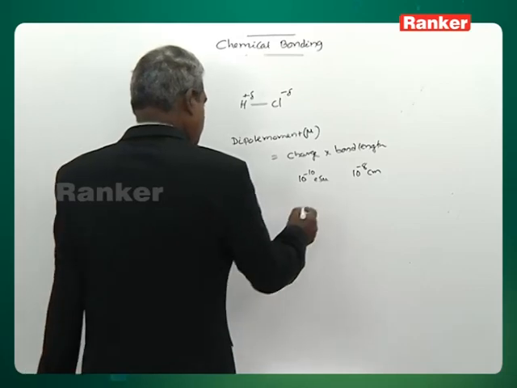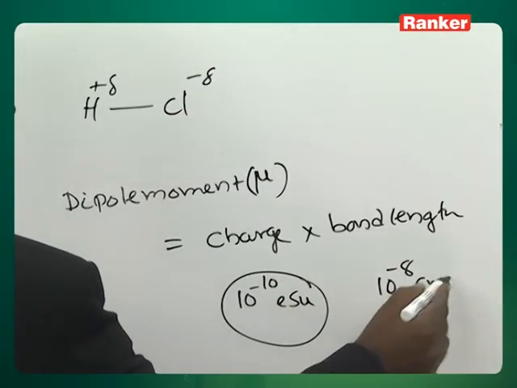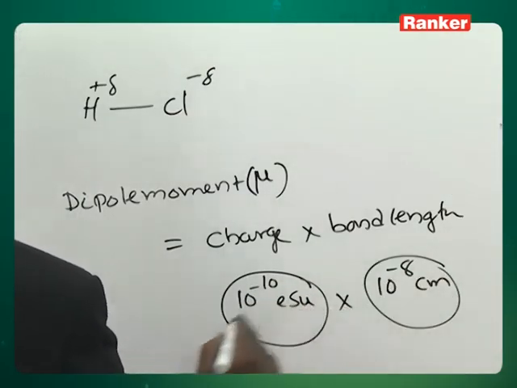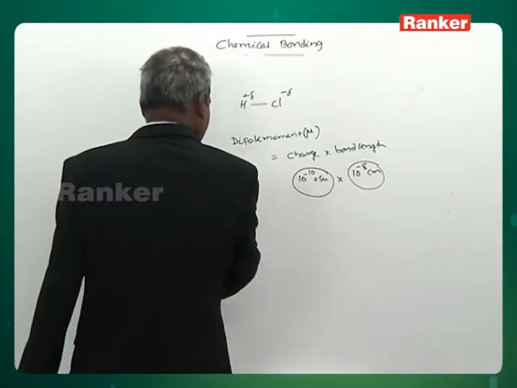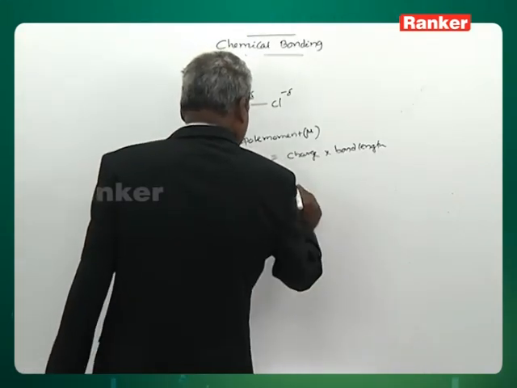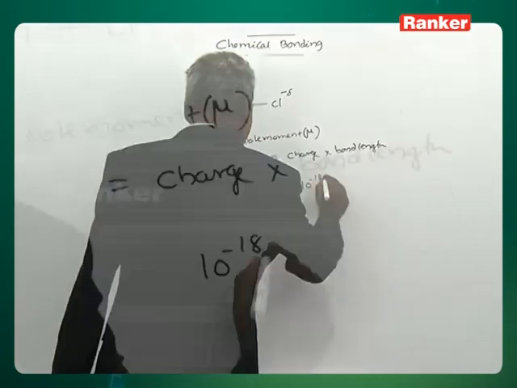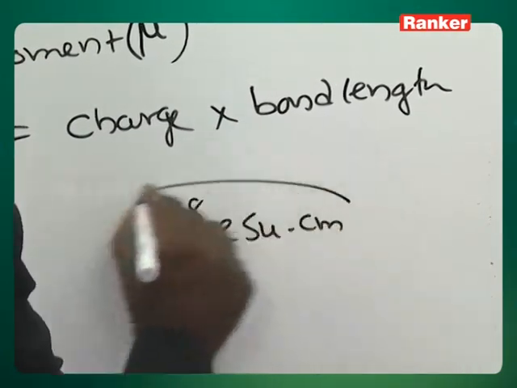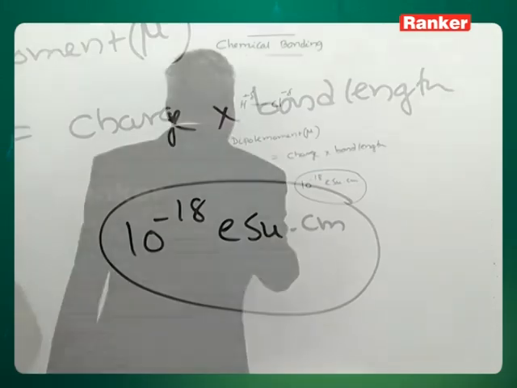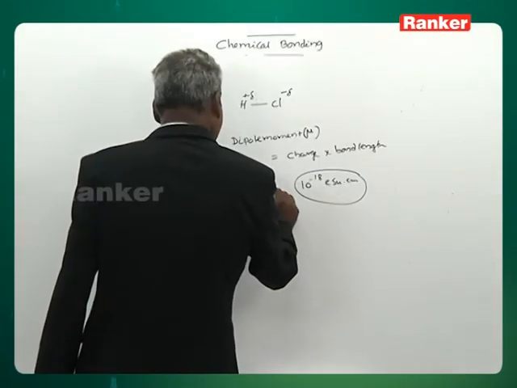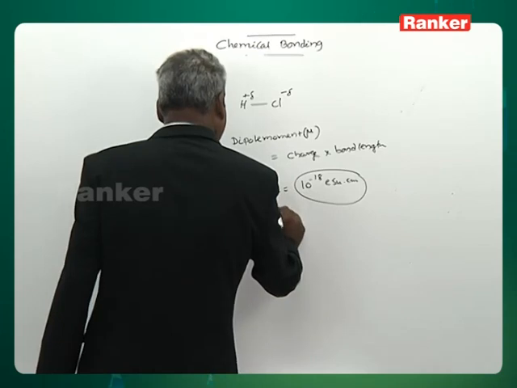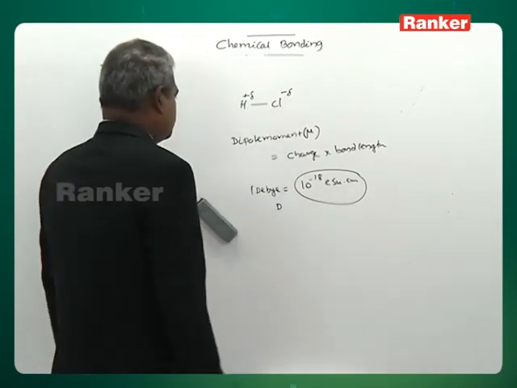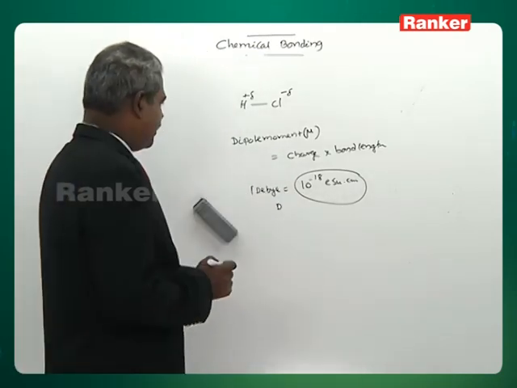Since charge is of the order 10 power minus 10 and bond length is 10 power minus 10, multiplied you get 10 power minus 18 electrostatic unit centimeters, and this is called 1 D, the symbol. So, what is dipole moment?